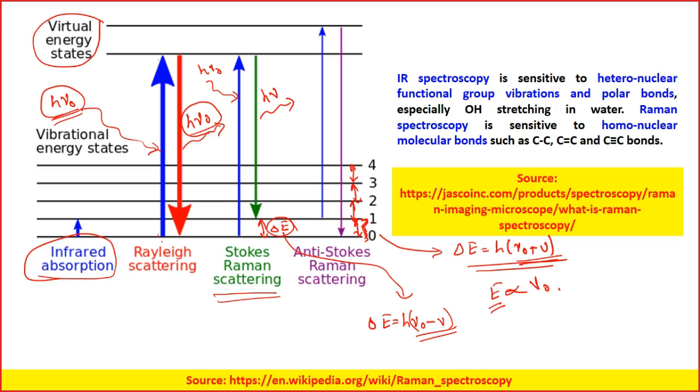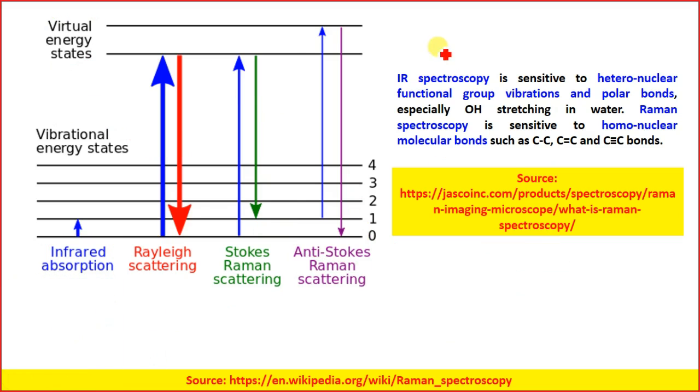No? Okay. So, Raman spectroscopy is quite often compared with IR spectroscopy. Over here, IR spectroscopy is sensitive to heteronuclear functional group vibrations and polar bonds, especially OH stretching in water.